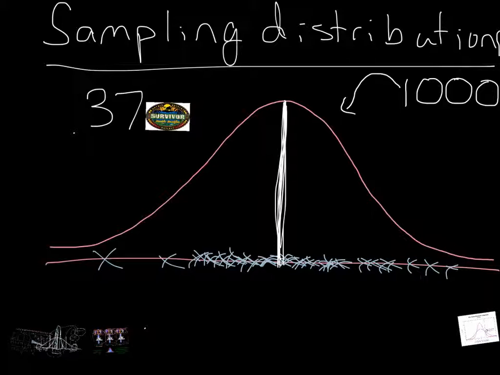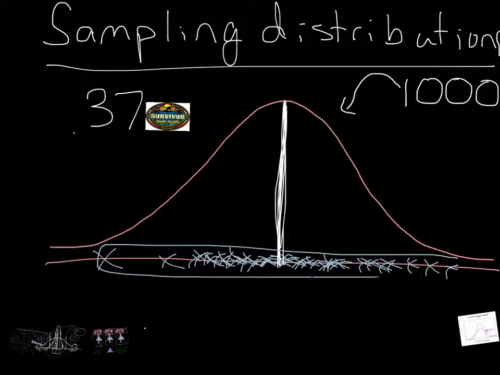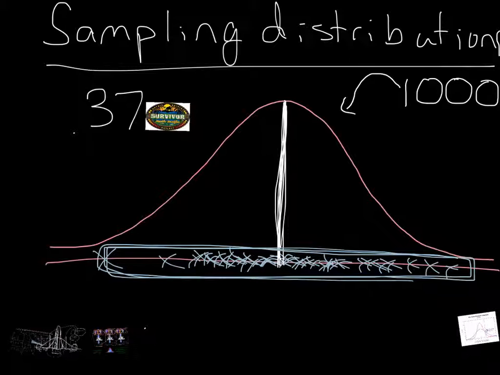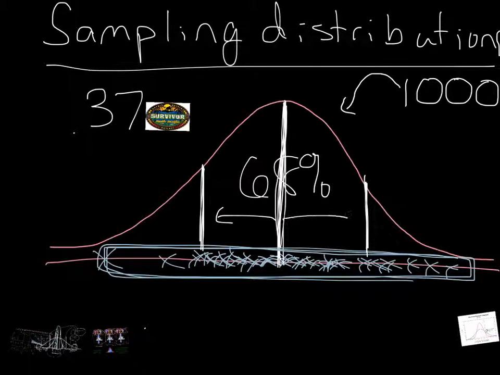Now, what I've done is I've taken one of these. I don't necessarily know which one I got, but I know I got one of these. And I also know that of these, by these I mean those little X's, those blue X's I drew, 68% of them are from here to here.